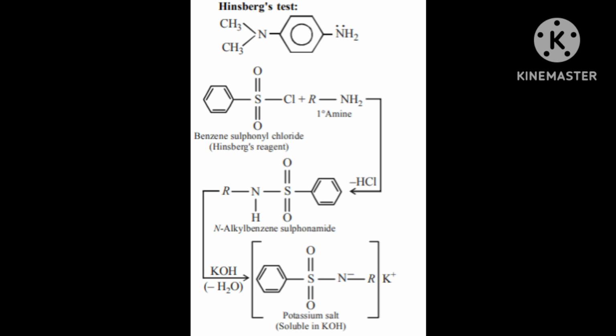Now I am going to discuss the reaction with aryl sulfonyl chloride. Benzene sulfonyl chloride, C6H5SO2Cl, is actually called benzene sulfonyl chloride, which is also known as Hinsberg reagent.